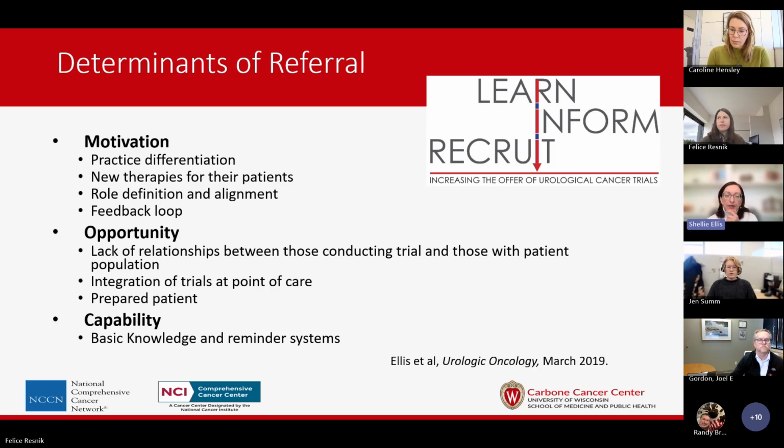They also pointed out that it was really hard to integrate trials at the point of care where they were actually useful. They found out about the trials after they had already made treatment recommendations for their patients, and they needed to know about the trials and insert that into the point of care before treatment decisions were made. They also needed patients who were prepared to talk about clinical trials.